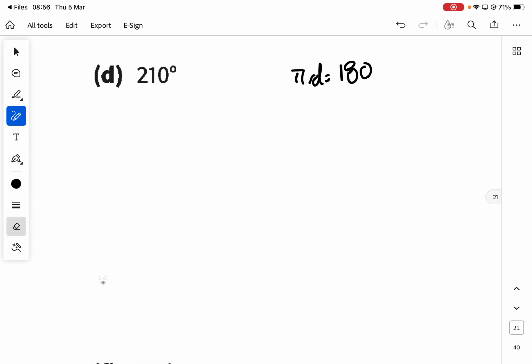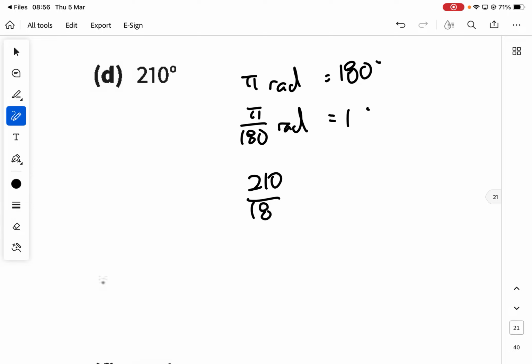All done? Okay, then part 3. If we can convert angle from degree to radian, we must also be able to convert from radian to degree. So now they give us in radian, we want to change it to degrees. The first one is very simple.